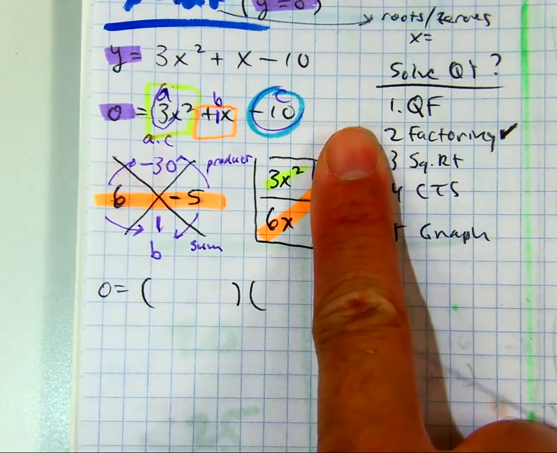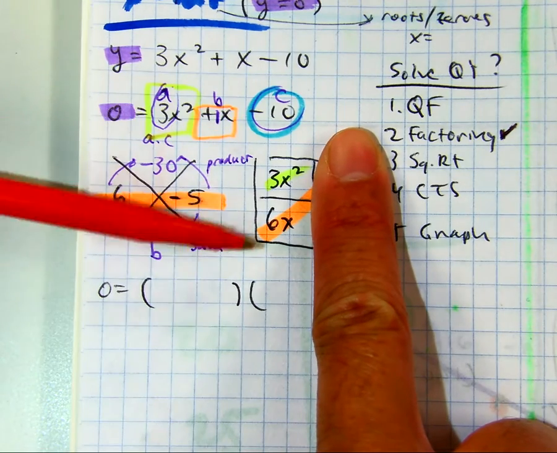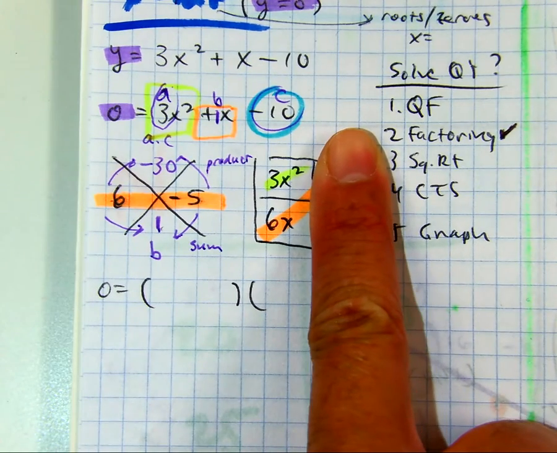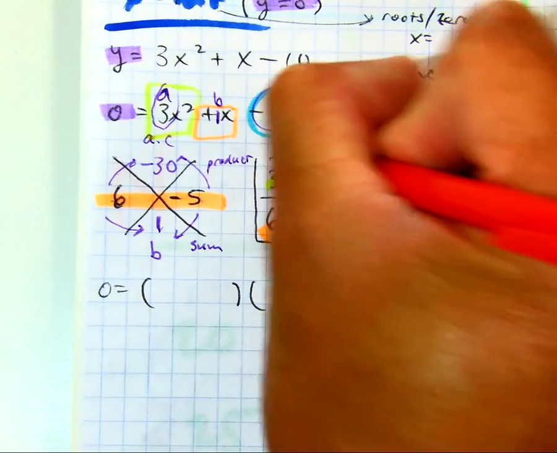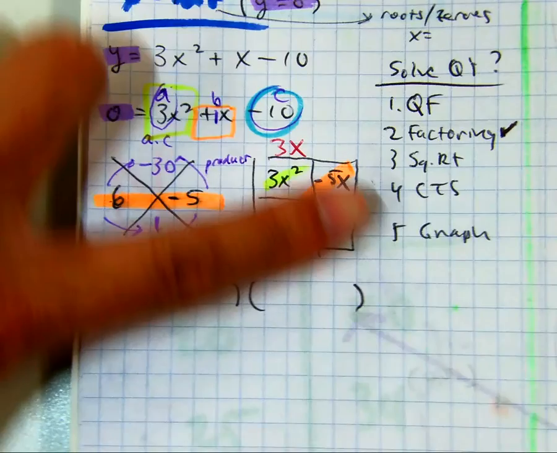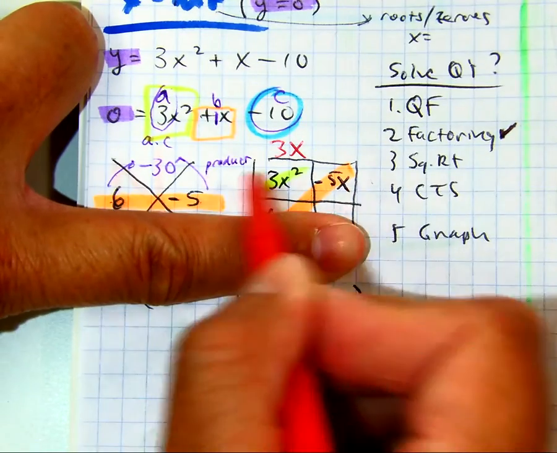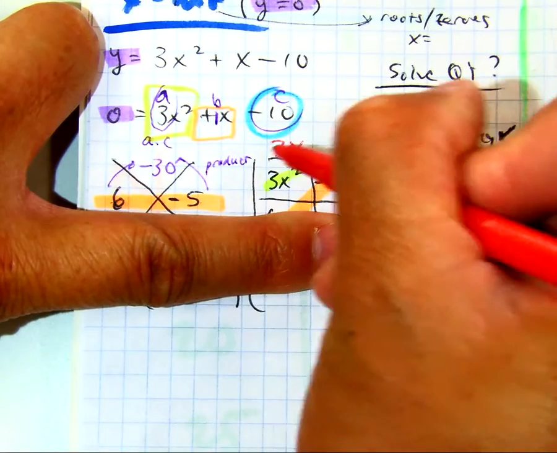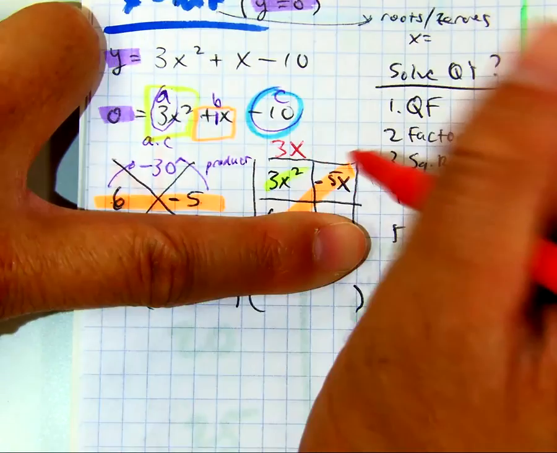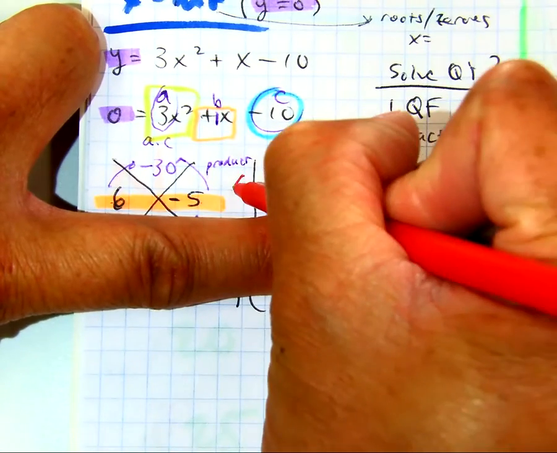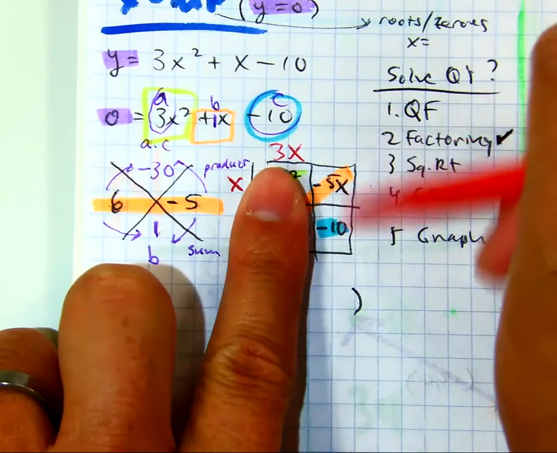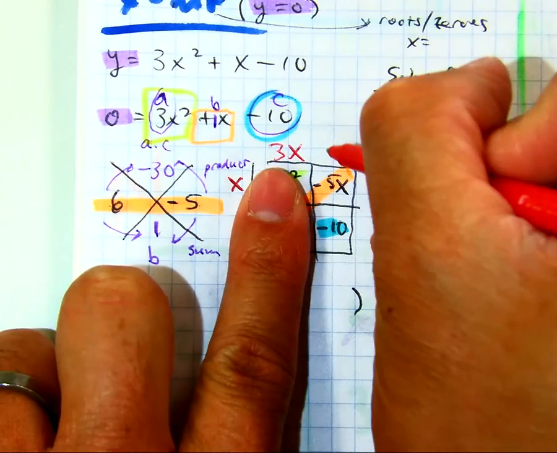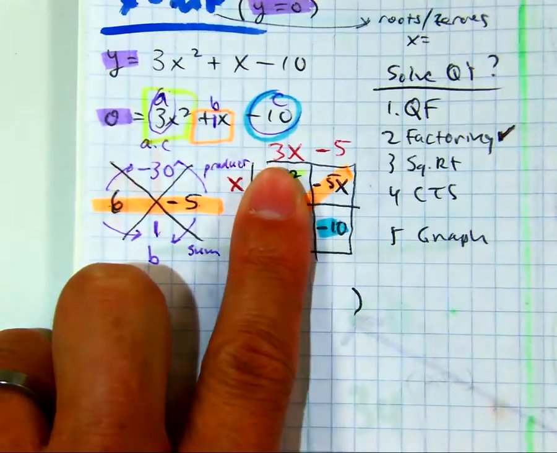Class, what's the greatest common factor? 3 and x. Greatest common factor. 1. Okay, there's always going to be a 1. So your answer is going to be x. Class, what's the greatest common factor?